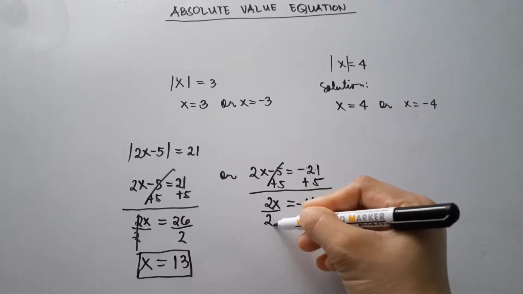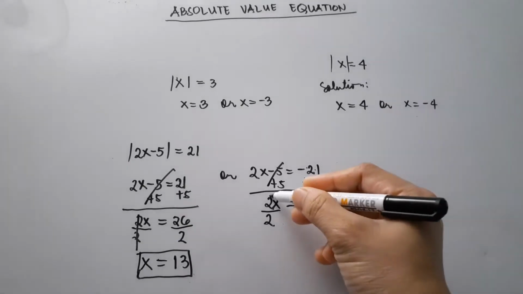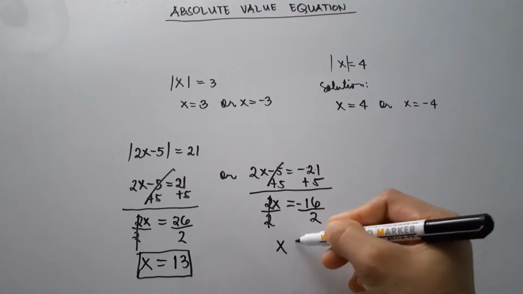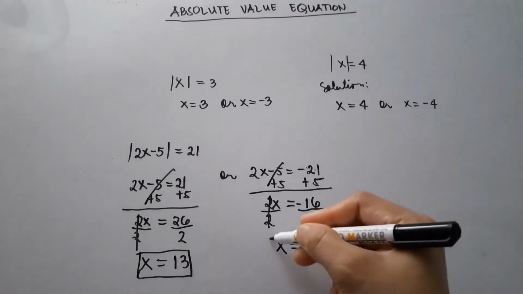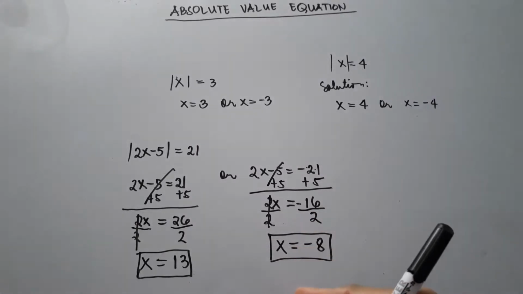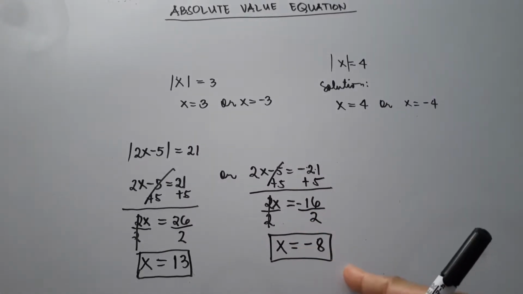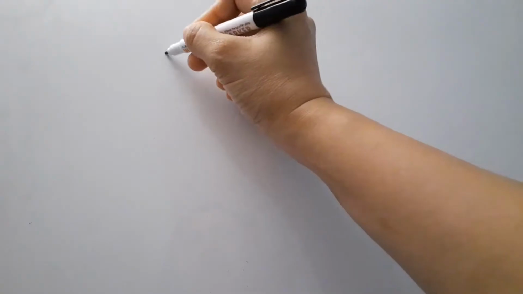Then when we divide each side by 2, x is equal to -8. So remember that we have two answers. When we solve an equation, you have to solve the positive side and the negative side.